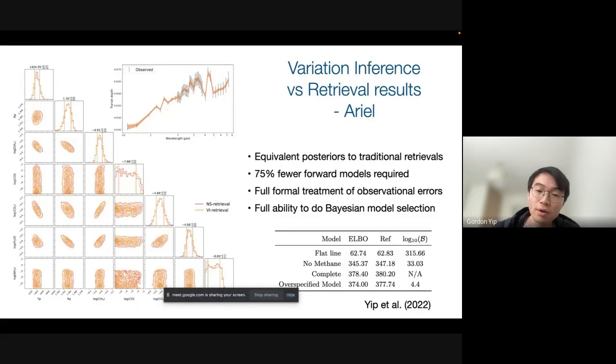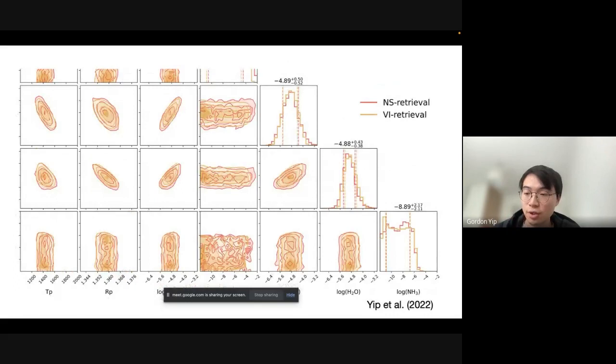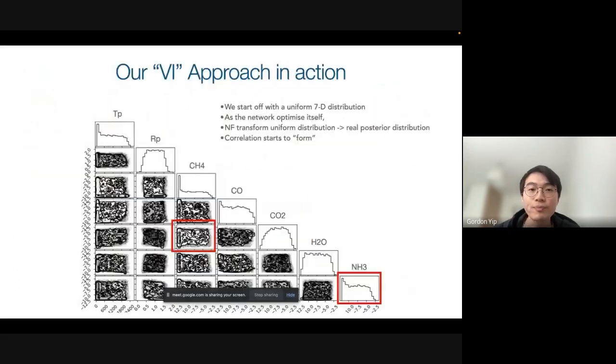On the table in the lower right, we tried different models, and we can see that our complete model has the best result overall. So this just shows the good agreement between them.